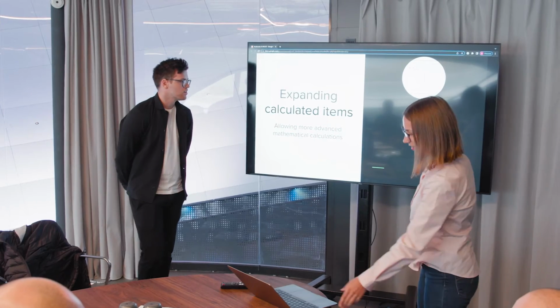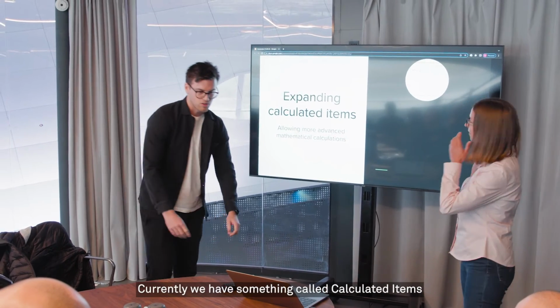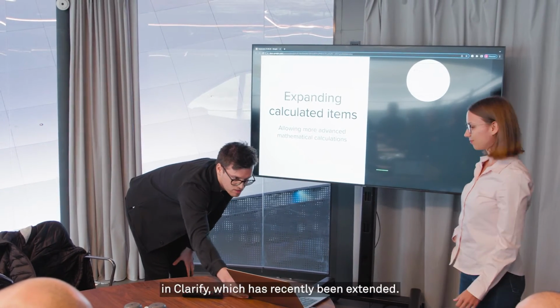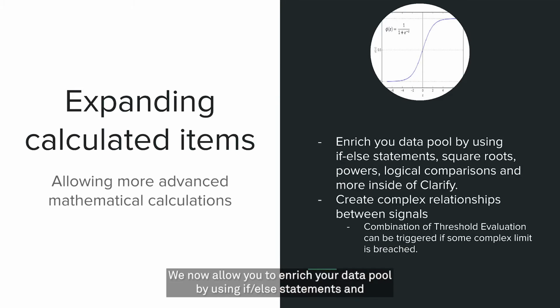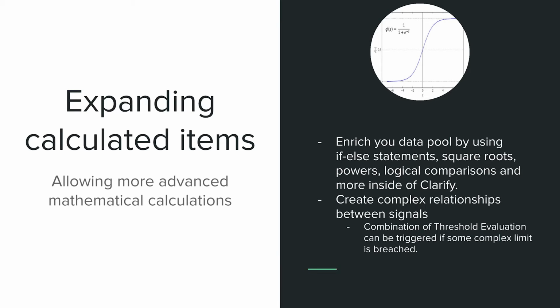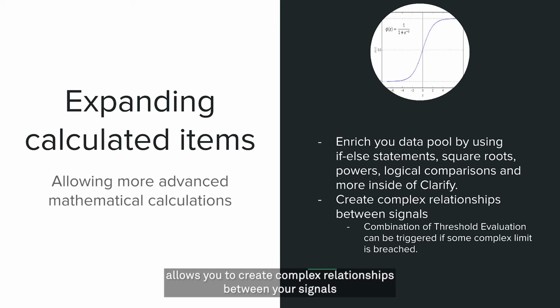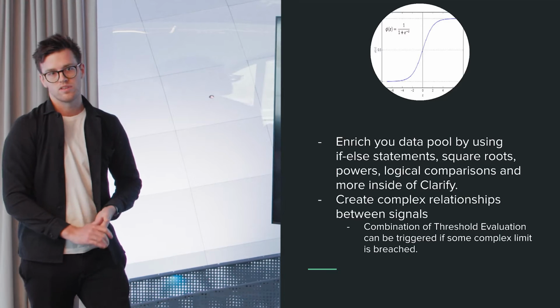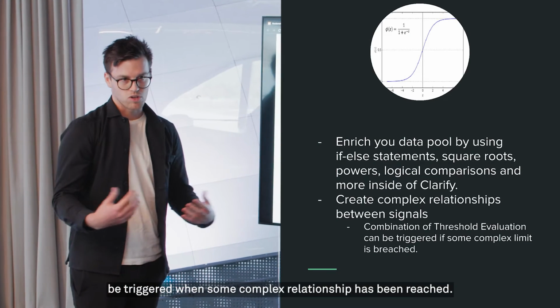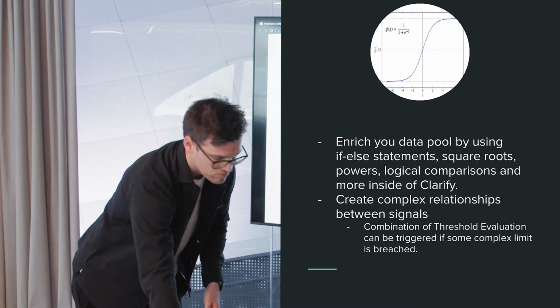Currently we have something called calculated items in Clarify, which has recently been extended. We now allow you to enrich your data pool by using if-else statements and more functions on your data points. This allows you to create complex relationships between your signals, and also can be used in combination with this threshold evaluation to be triggered when some complex relationship has been reached.